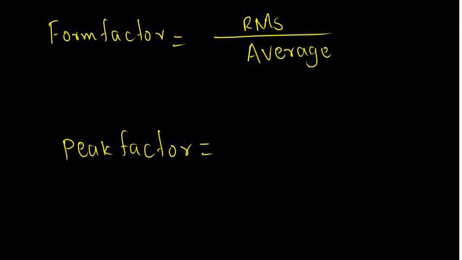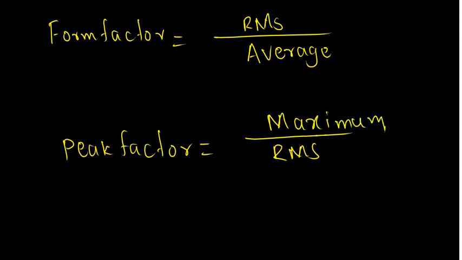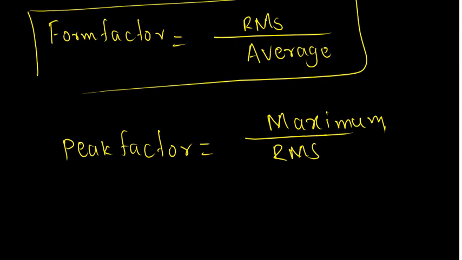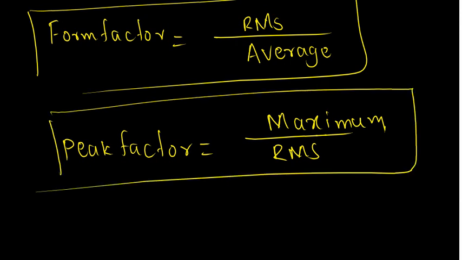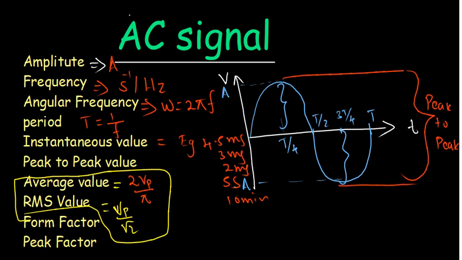The peak factor is RMS value over maximum value. These are the two things, the form factor and the peak factor. And for more detail, when we take an example, we can easily understand what we're going to do.